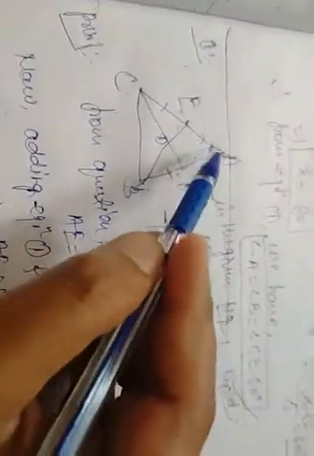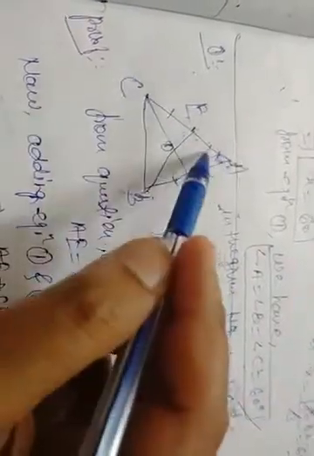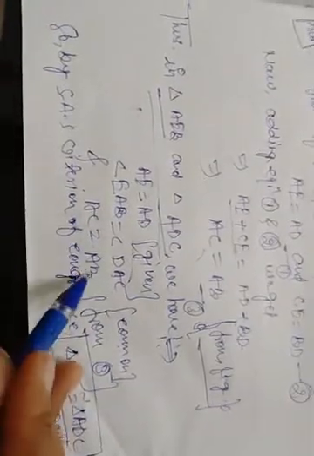Then in triangles AEB and ADC we have AE is equal to AD, that is given. And angle EAB and angle DAC are common in both the triangles, and AC is equal to AB from equation 3.